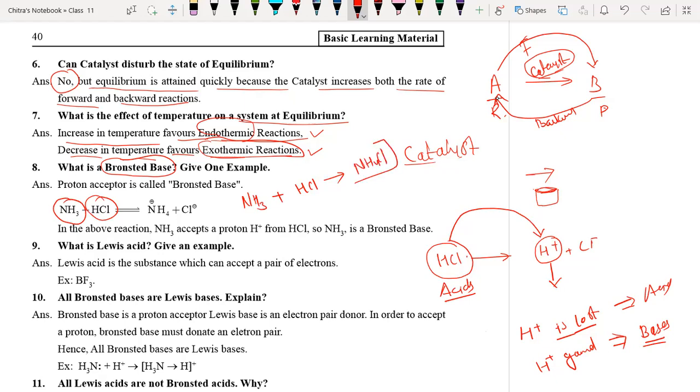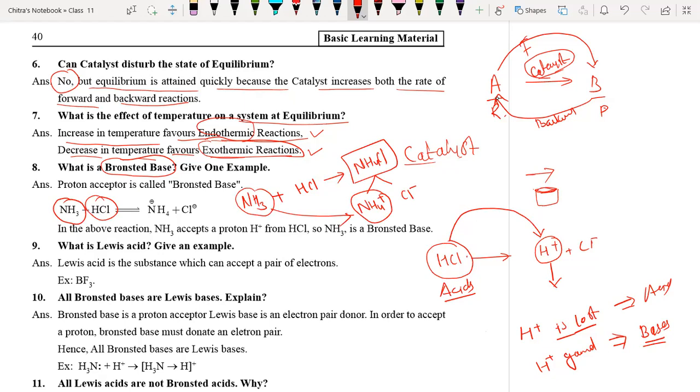It is ammonium chloride, beta. If ammonium chloride dissolves in water, it gives us NH4 positive ion and Cl negative ion. So that NH4 positive ion has formed from NH3. Is it or not?